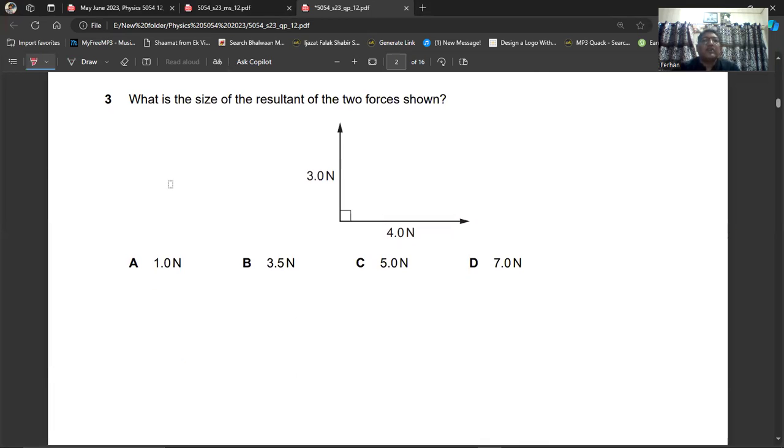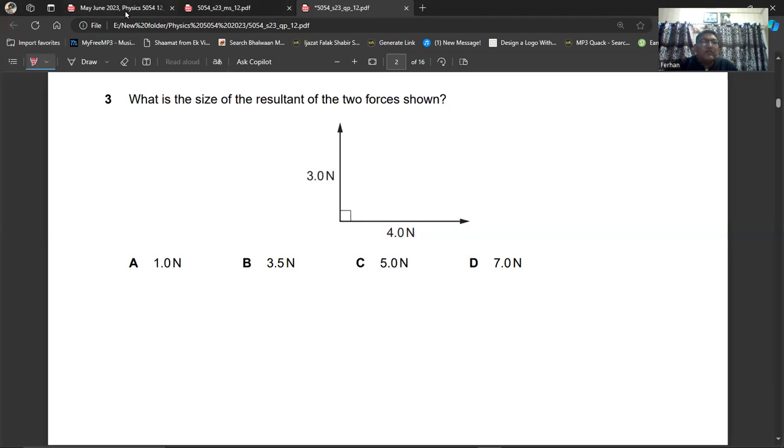Question number 3 is showing up on your screen. It says, what is the size of the resultant of the two forces shown? Here we have one force of 3 Newton and another force of 4 Newton. They are making a 90-degree angle, and when he represented them, he joined their tails together.